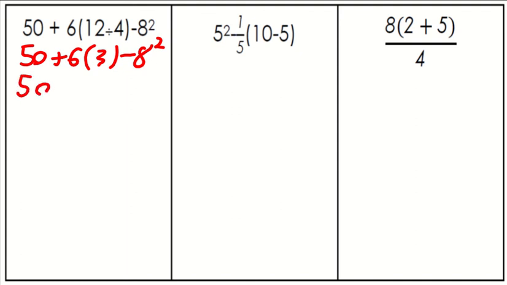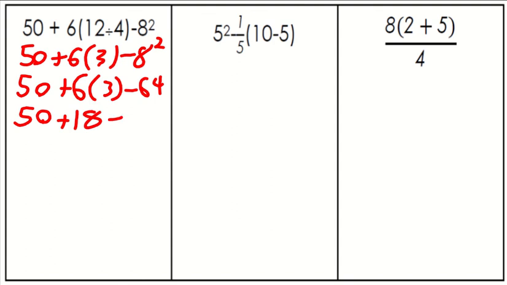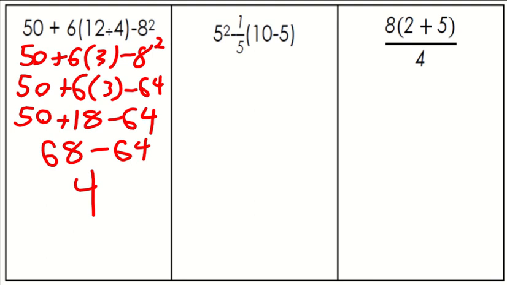We got 50 plus 6 times 3 minus 64. We do the multiplication. 50 plus 18 minus 64. Addition, subtraction from left to right. So 50 plus 18 is 68. Still got minus 64. 68 minus 64, 4.